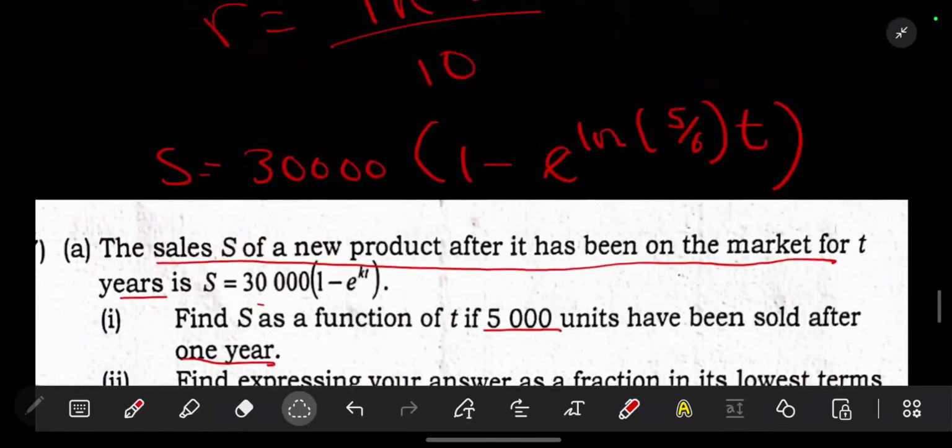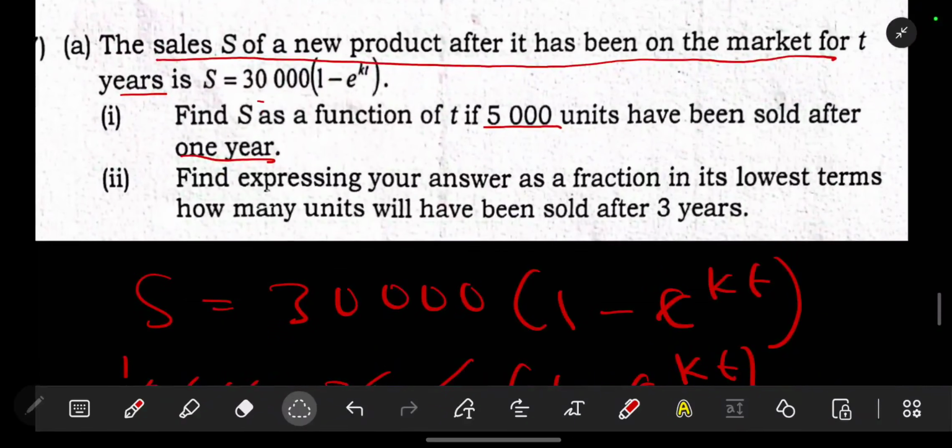Then for this other part, expressing your answer as a fraction in its lowest terms, how many units have been sold after 3 years?